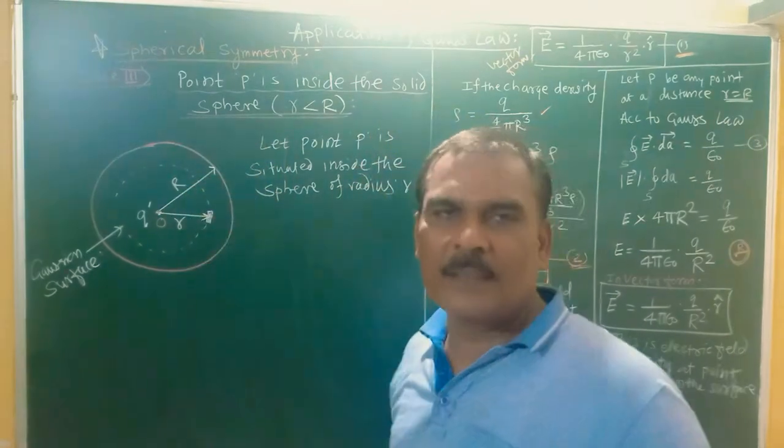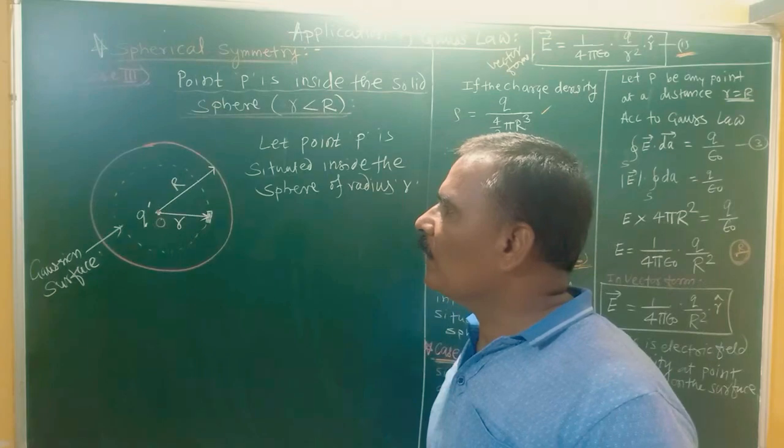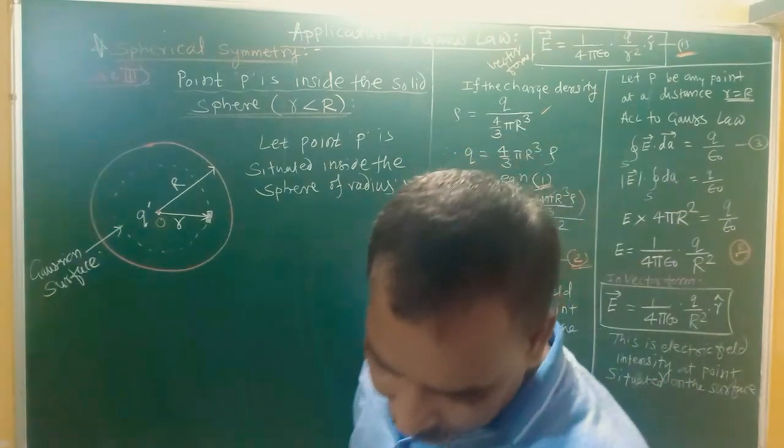All other construction is similar. Capital R is considered as what? The radius of the sphere, and Q dash is the charge.